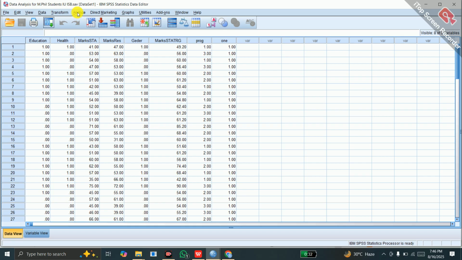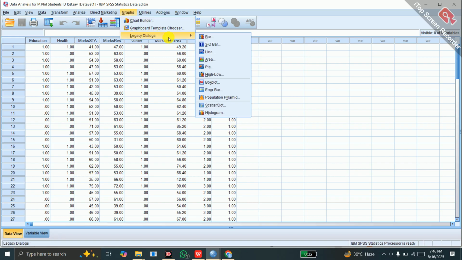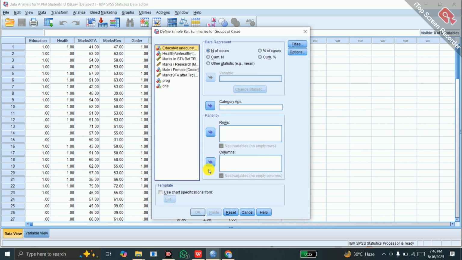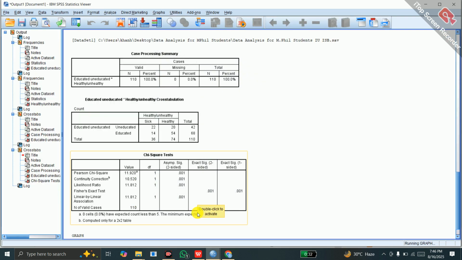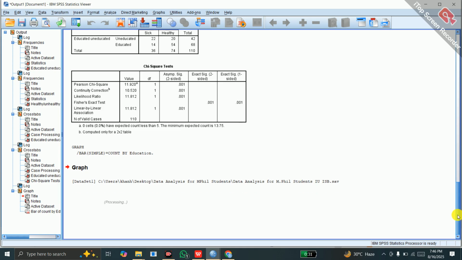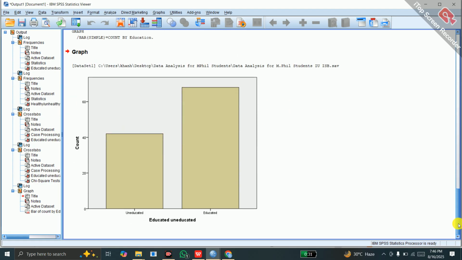So let me first draw a bar graph of the variable, a simple bar graph of the education. So here I will use education, and if I click OK, it is still processing, and now here is the bar graph of educated and uneducated.